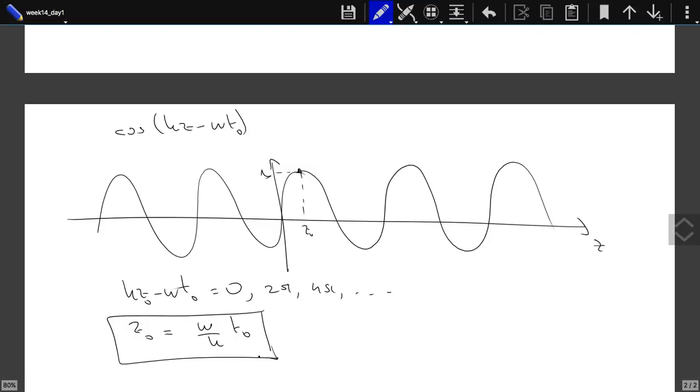Well, if it is moving in this direction, what is the velocity? Omega over k. So whatever time t0 is, this function always has this shape. Its shape never changes, but the shape just translates. As you increase t0, it just translates without changing its shape. And the speed of that translation is given by omega over k.